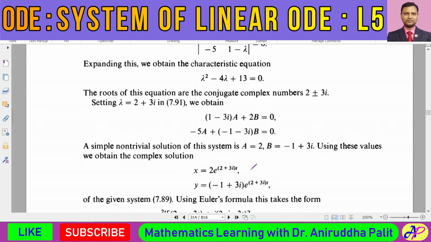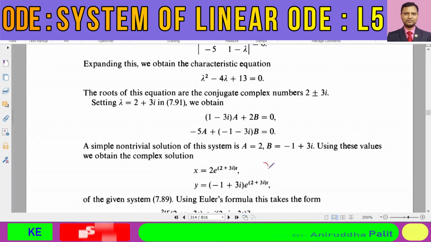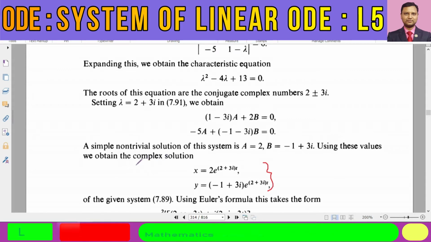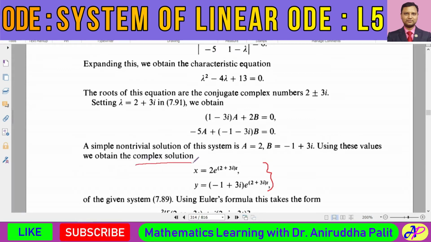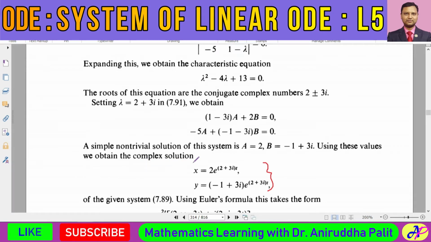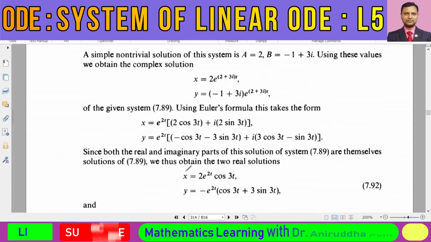But remember, these expressions are written in terms of complex numbers. These are solutions, fine, but these are complex solutions. We are interested in real solutions. Then how can we compute the real solutions?